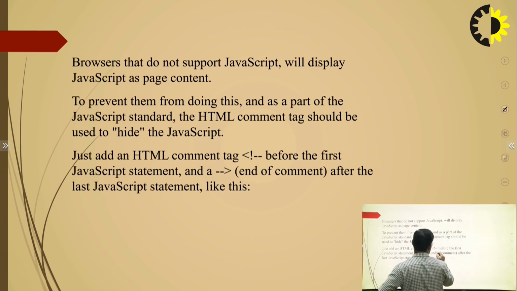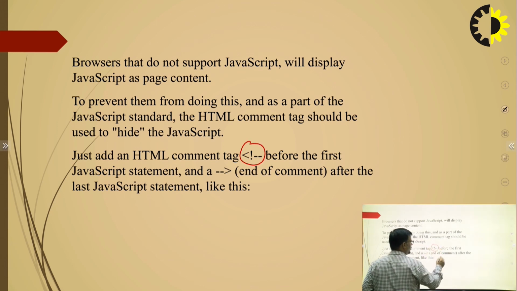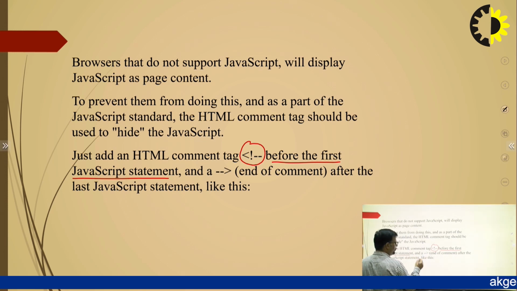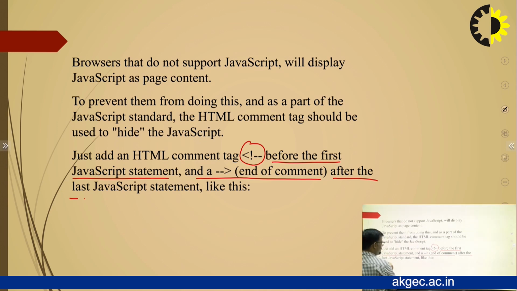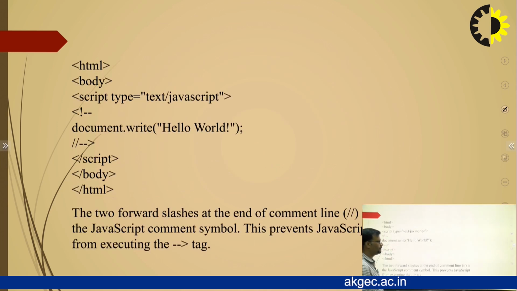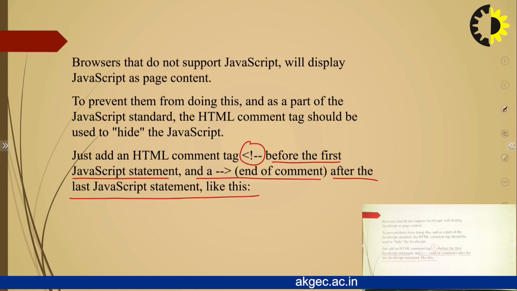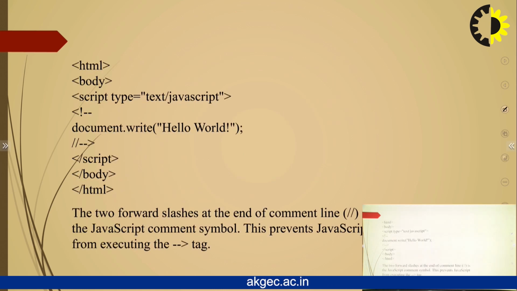Add an HTML comment tag before the first JavaScript statement, and use the tag to end the comment after the last JavaScript statement, like this. This is the example. HTML, then body, then script.